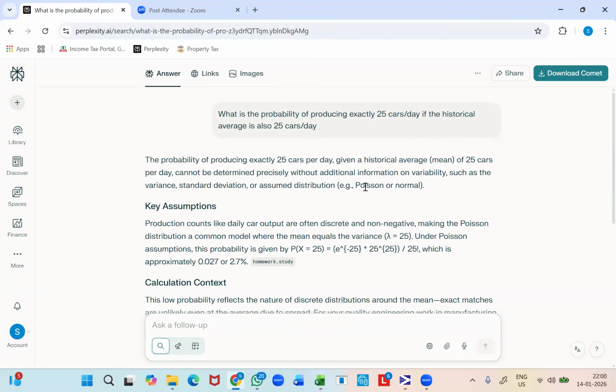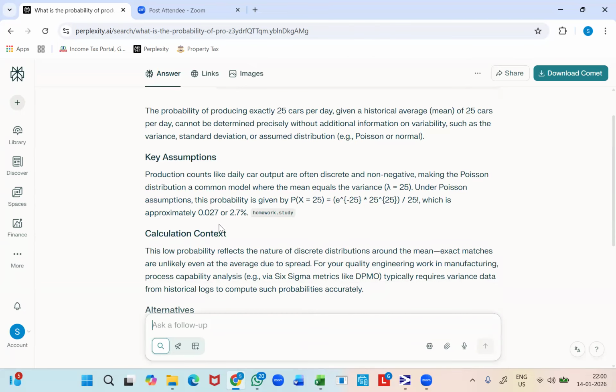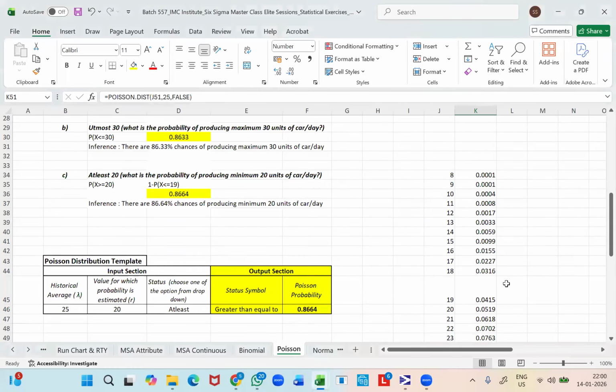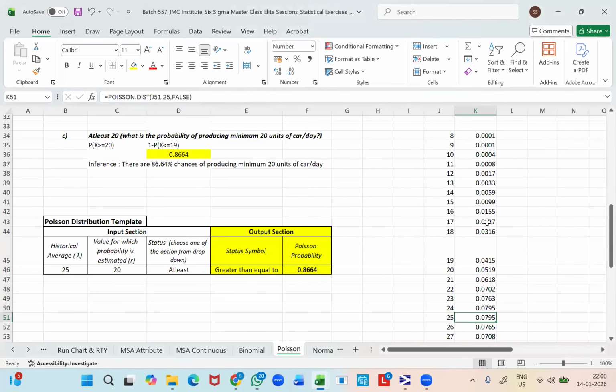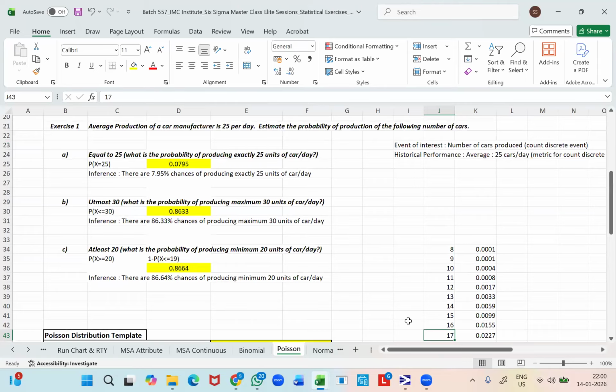It actually identified that the probability distribution is Poisson, but then it is showing the answer as 0.027, right? As we have calculated here, 0.027 is closer to P of x equal to 70, not P of x equal to 25. Maybe we need to provide some other prompt, I don't know, but we don't get the correct answer sometimes.